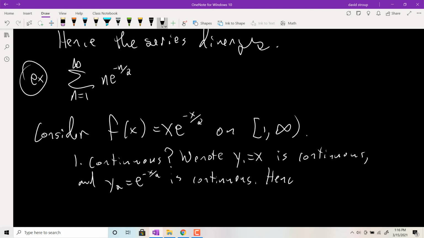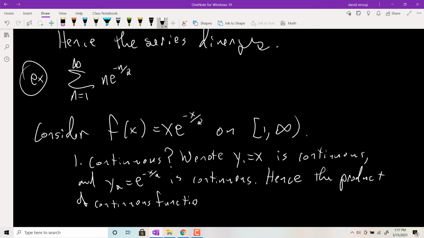Hence, the product of continuous functions is also continuous. This is a Calc 1 fact. If you missed out on that in Calc 1, it's in the book, in the section where they connect limits to continuity. Actually, there's a section on continuity, isn't there?